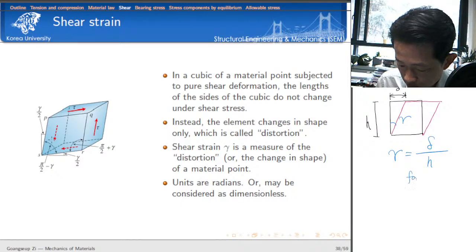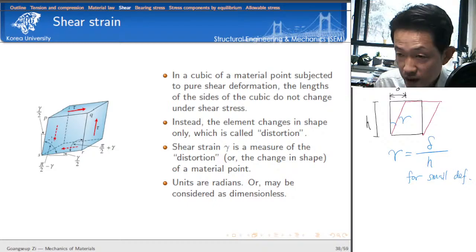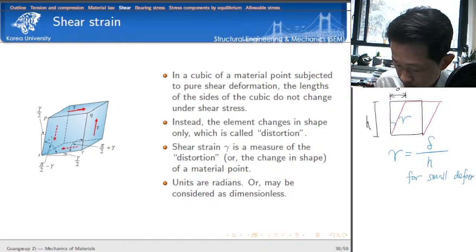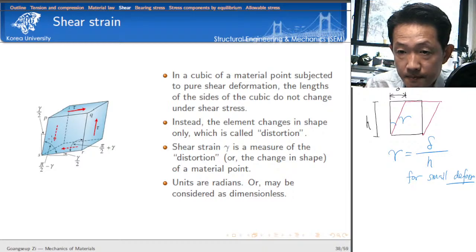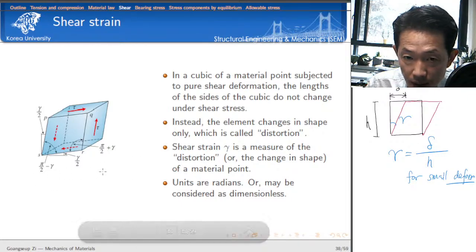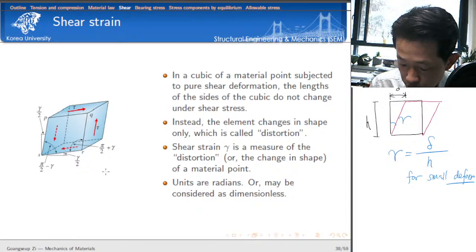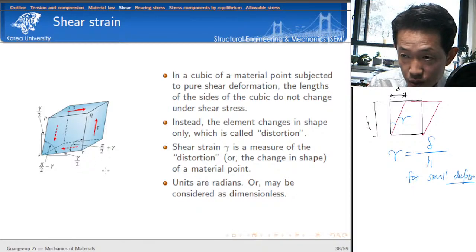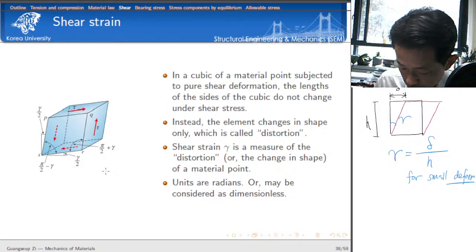For small deformation, small deformation problem. And then, as given in our lecture note, the shear strain gamma divided by 2 is equal to the mathematical shear strain. This is the mathematical shear strain.